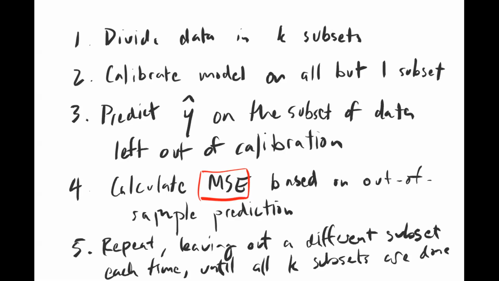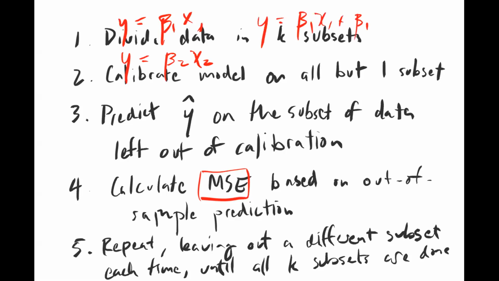Okay, and so what is the use of this? Let's say you're debating between models like y equals beta 1 x1, or y equals beta 2 x2, or y equals beta 1 x1 plus beta 2 x2, and maybe something like beta 1 x1 plus beta 3 x3. You have a bunch of different models and you don't know which one is the best.